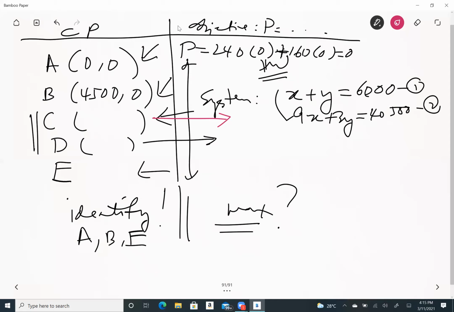315,000. I think you are looking at a different profit, different objective. The one that is the profit per unit for 240 and 160. I think you are looking at another table. Maybe the profit function is different. Okay, if you look at the 11th edition, what is the maximum profit?